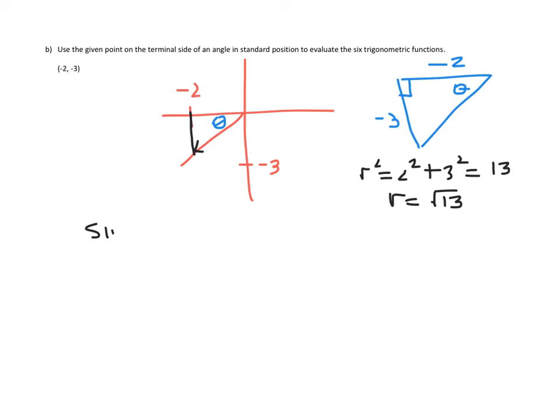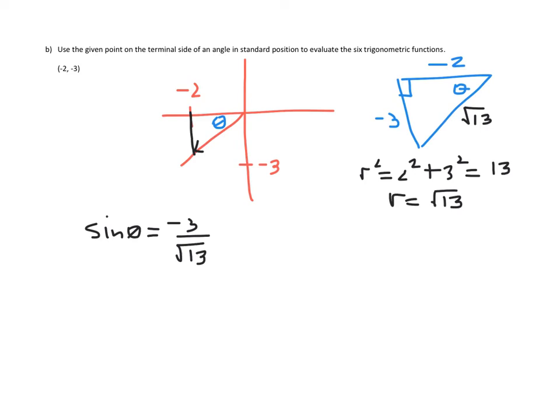Let's start with the sine of theta. Remember this is the square root of 13. So sine is going to be opposite over hypotenuse, so -3 over square root of 13.